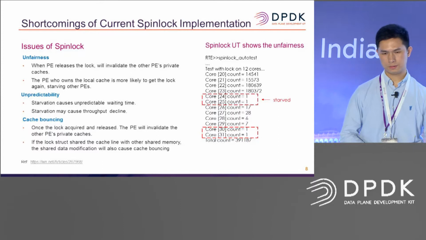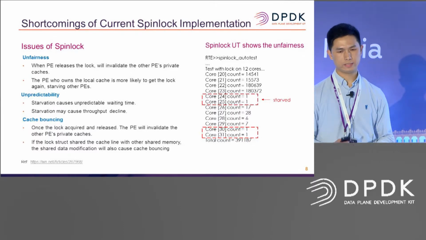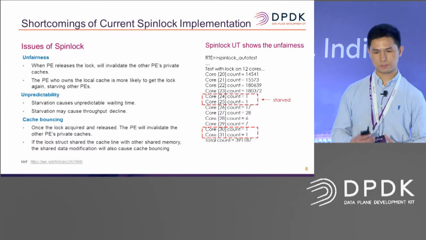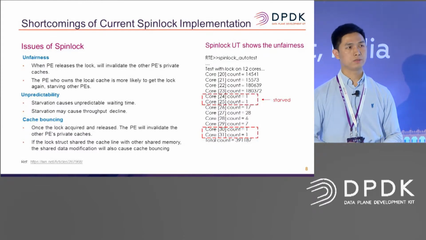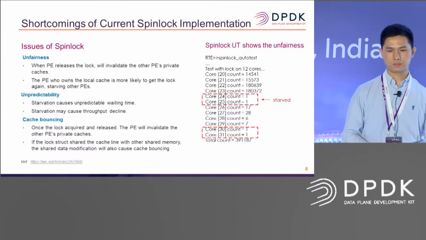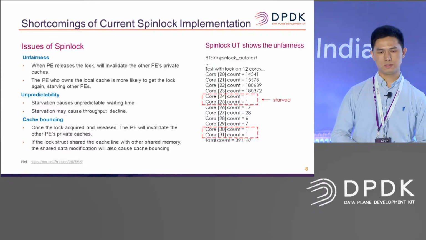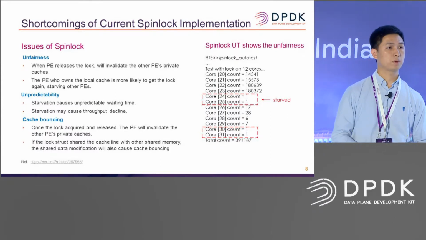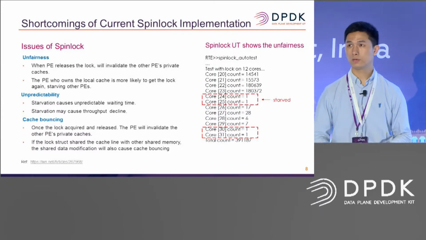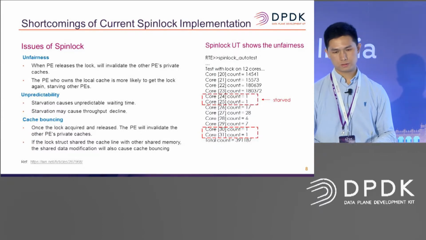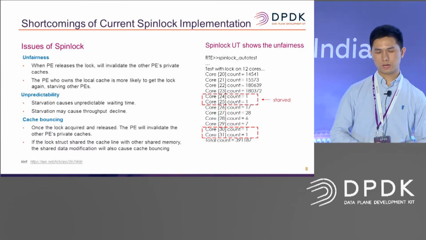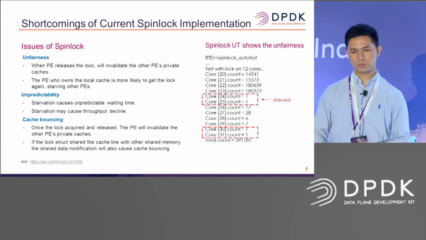According to that, we implemented the spin lock in DPDK. We changed the generic DPDK spin locks to use the atomic built-in instead of the sync built-in, and changed the full memory barrier to a one-way barrier.